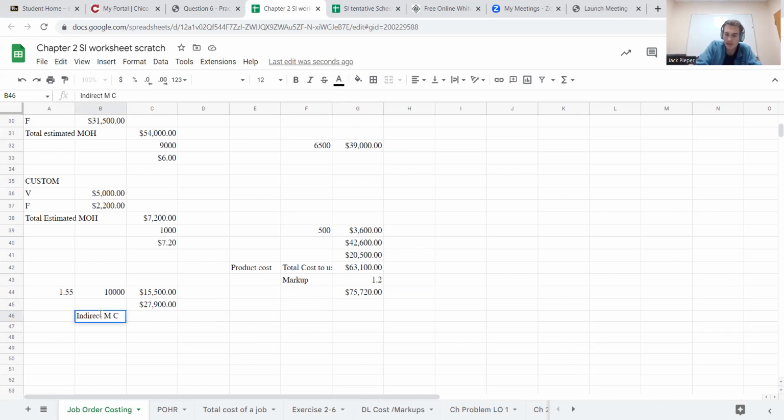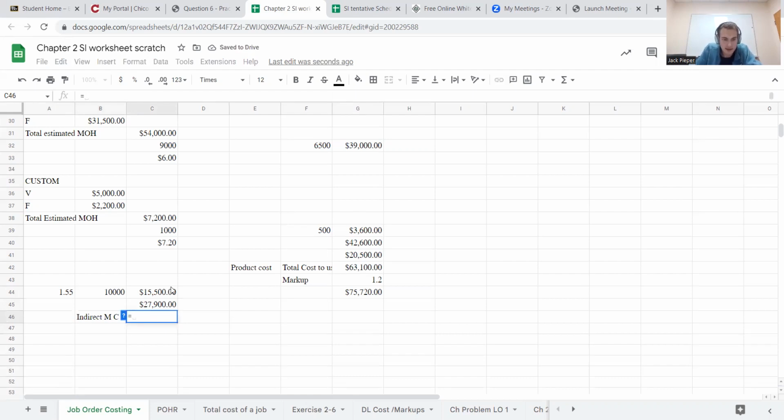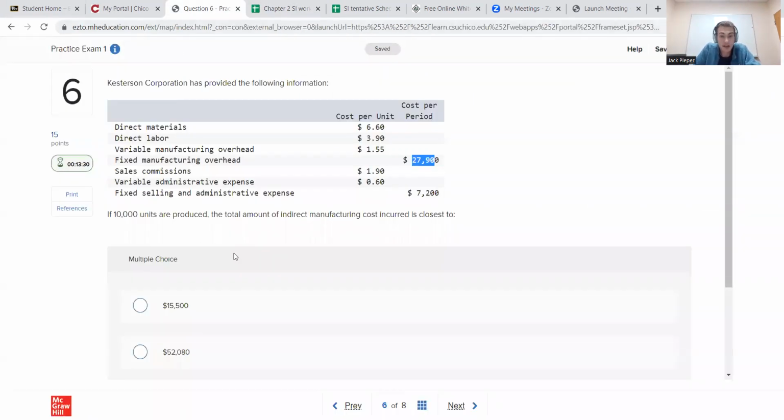Manufacturing cost, MC, manufacturing cost. All right, making up new acronyms as I go. Add the two together, that's our indirect. Okay, so reminder that our indirect is going to be just our manufacturing overhead.